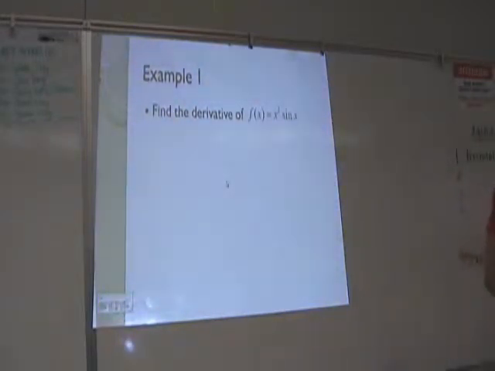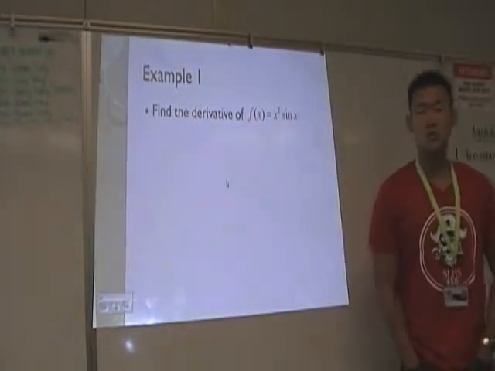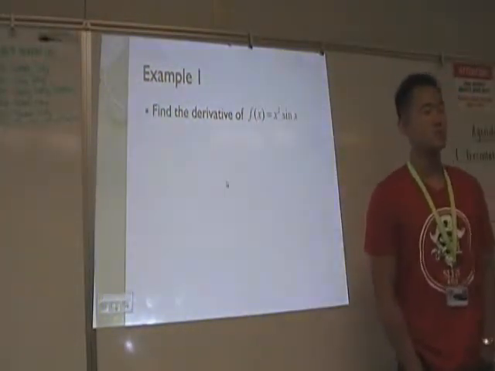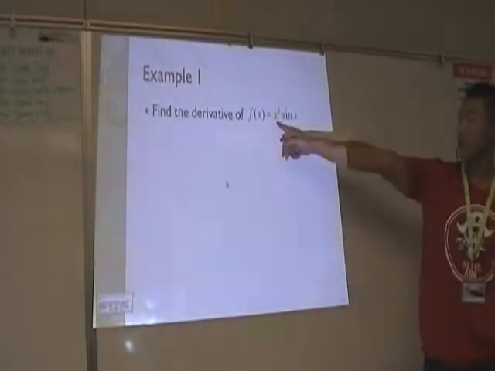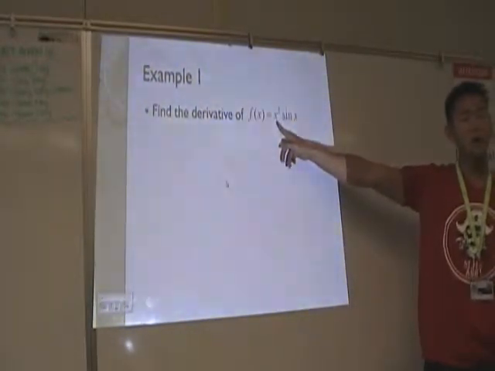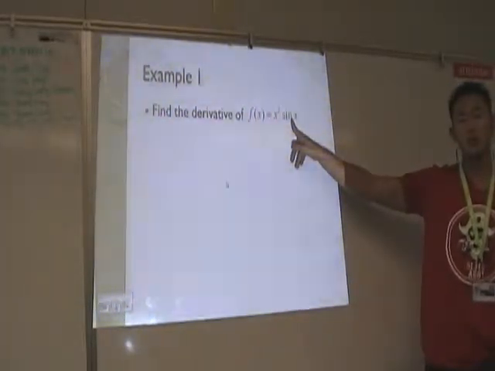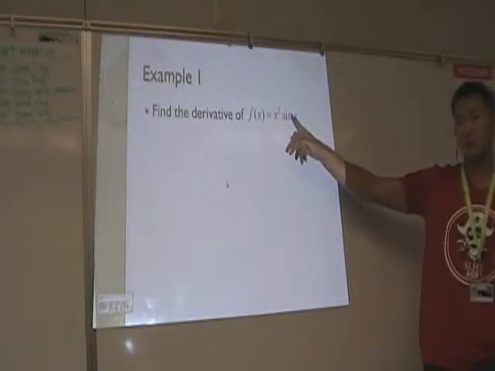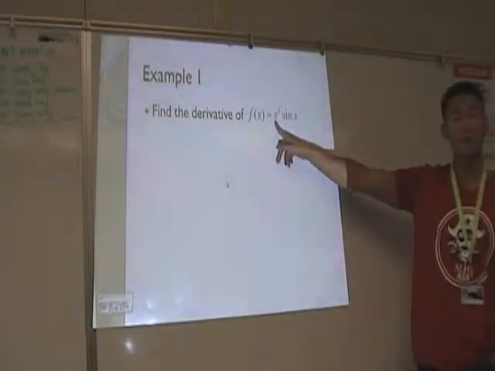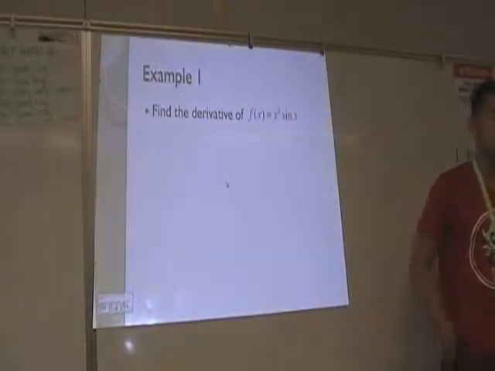So if you're multiplying and we're taking the derivative of something, what rule do you think you should be using? Product rule. So we have x squared times the derivative of sine x, which is cosine x, plus sine x times the derivative of x squared, which is 2x. So go ahead and write that down.